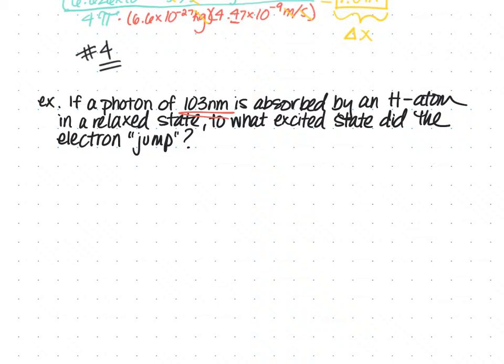The other is that the hydrogen atom is in a relaxed state. You should know that this means that the electron is at n equals 1. 1 is the relaxed state, the most relaxed state of the hydrogen atom when the electron is at n equals 1. To what excited state did the electron jump? So that's telling you that you're solving for n final. I want to know what n final is.